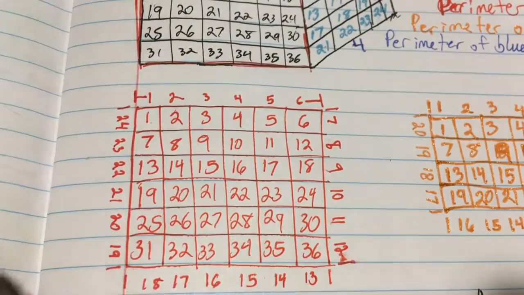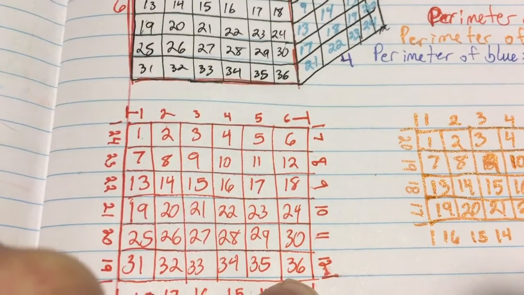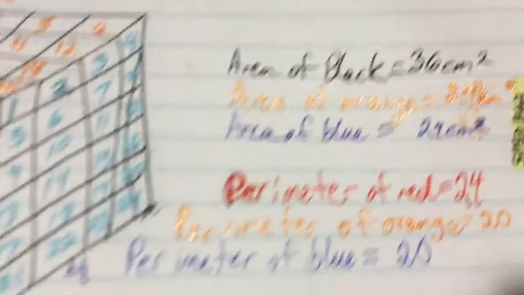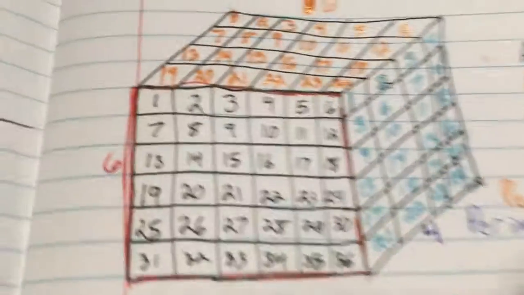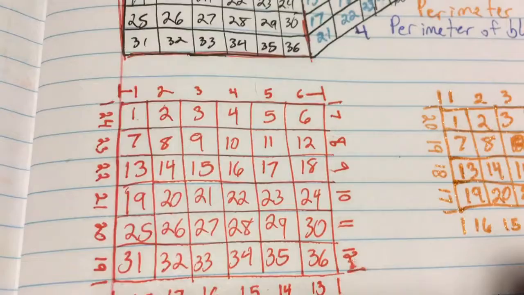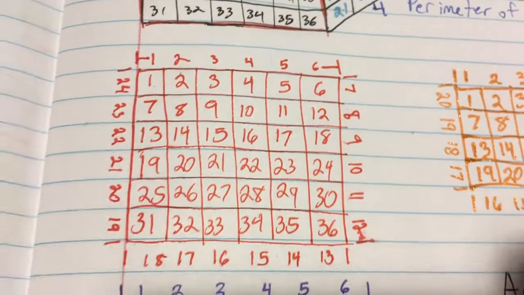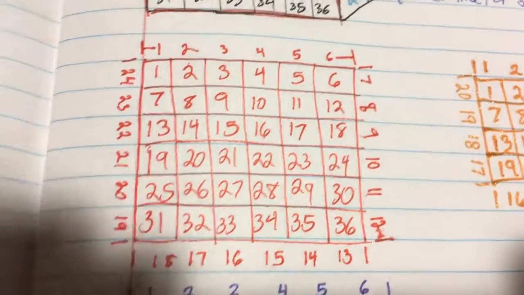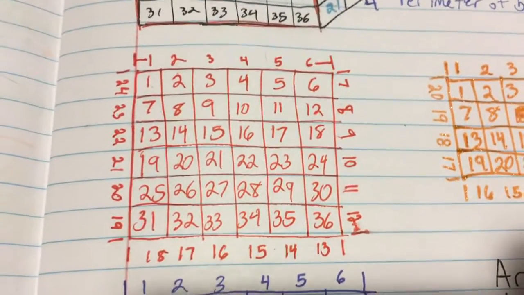However, I have a completely different thing that I'm doing when I'm calculating the area. When I'm calculating the area that's on the inside, I have 36 square centimeters. So don't confuse area and perimeter. Perimeter is the distance around the object.